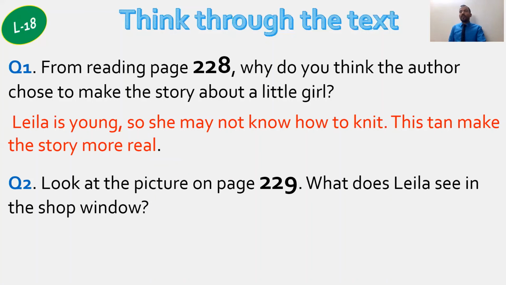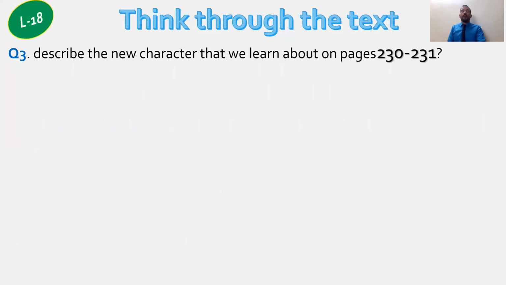Look at page 229. What does Leila see in the shop window? She saw a scarf, one blue and one yellow. A blue and yellow scarf. Now describe pages 230, 231.